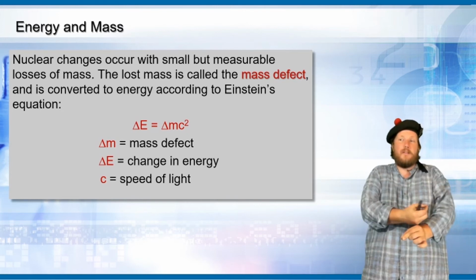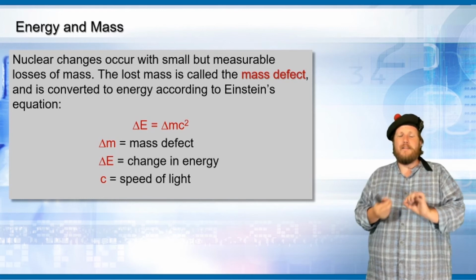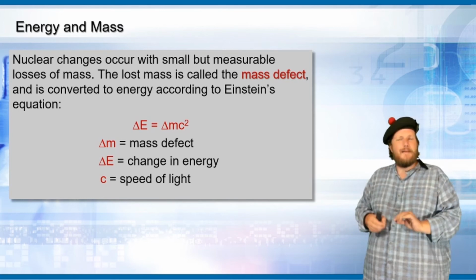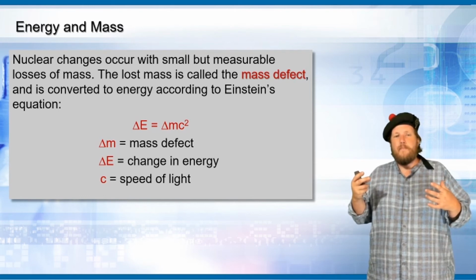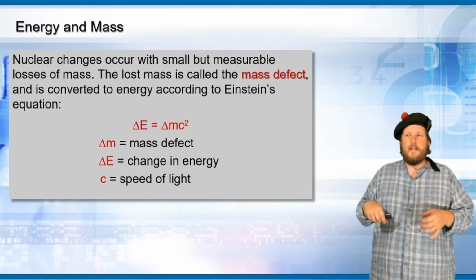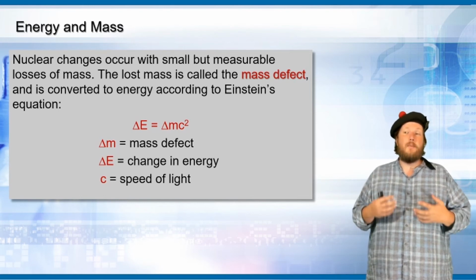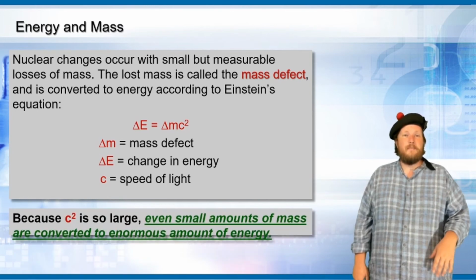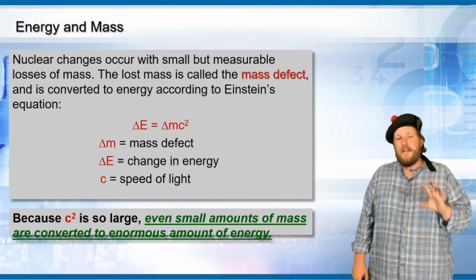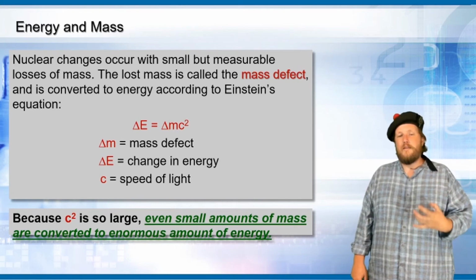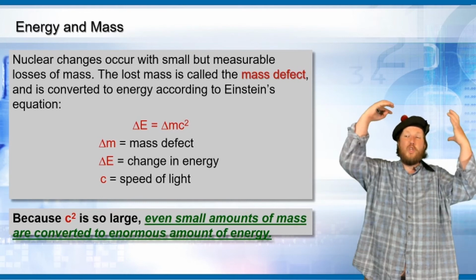The mass number doesn't change, but the actual mass does change. When fission occurs, a tiny bit of mass is lost, and it gets converted into energy. This is where the energy comes from in nuclear events. This happens even though delta m is very, very small, because c squared, the speed of light squared, is so huge.